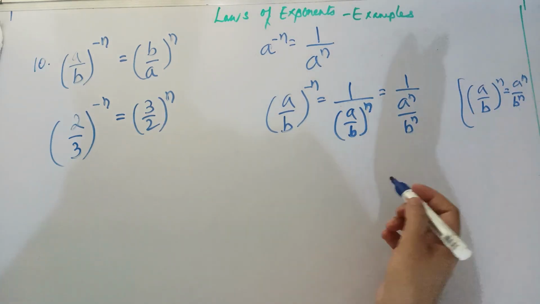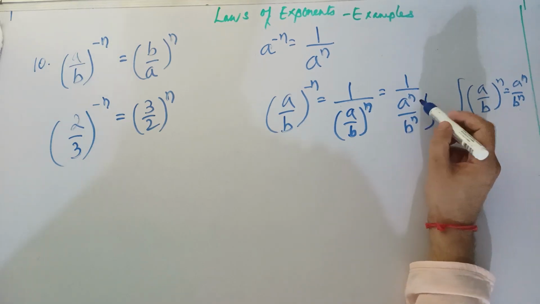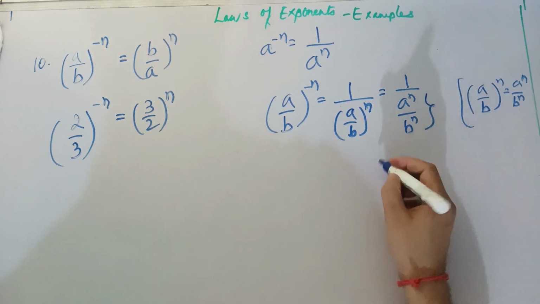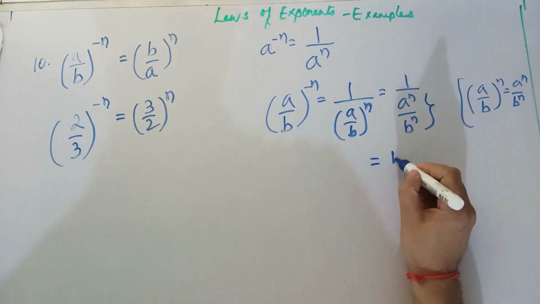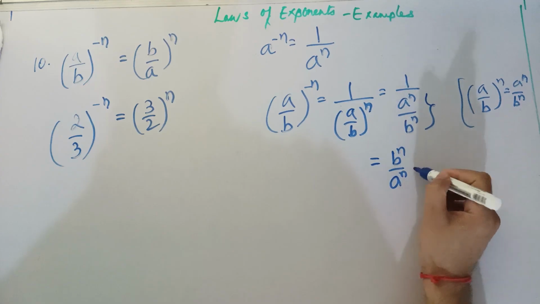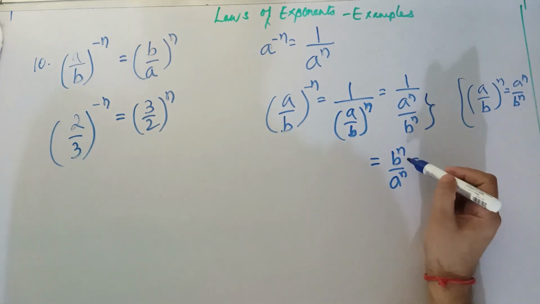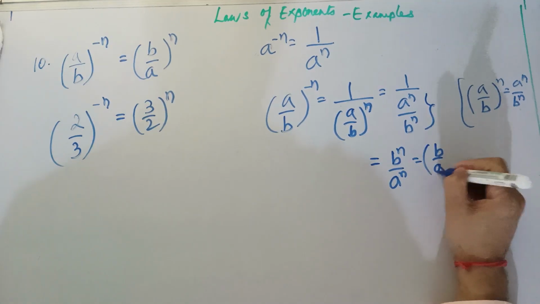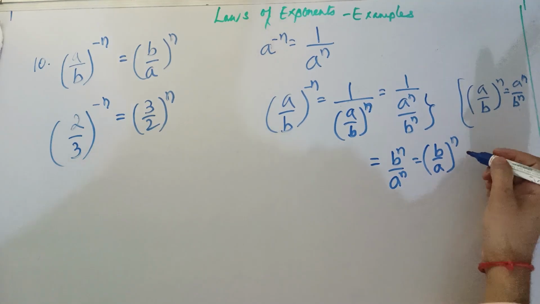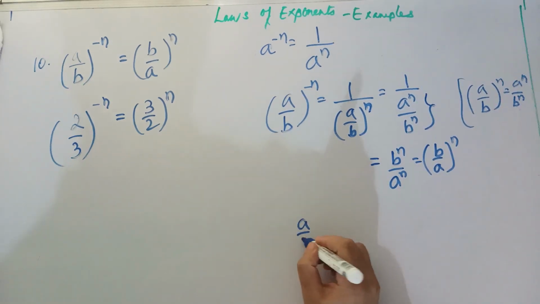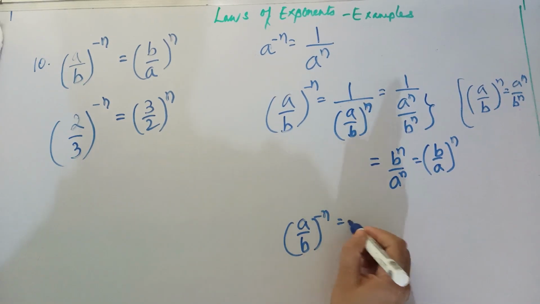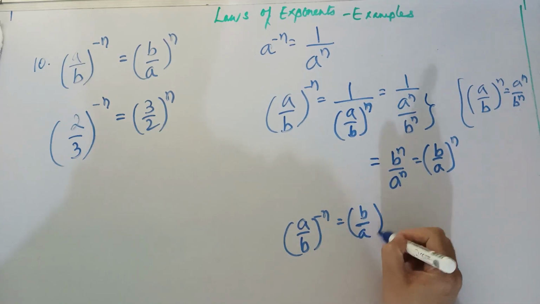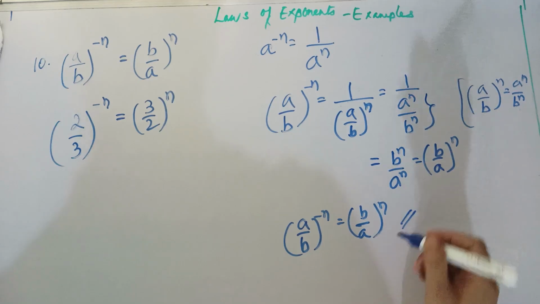The fraction below the 1 will be reciprocal, so this becomes b raised to n upon a raised to n. Now when we have a common power, we can take it as common: b upon a raised to n. That's how a upon b raised to minus n is equal to the reciprocal of the base, b upon a raised to n. This is also very useful.